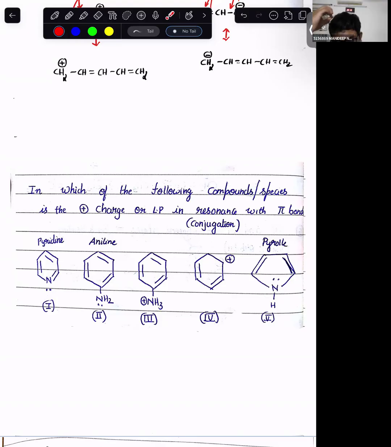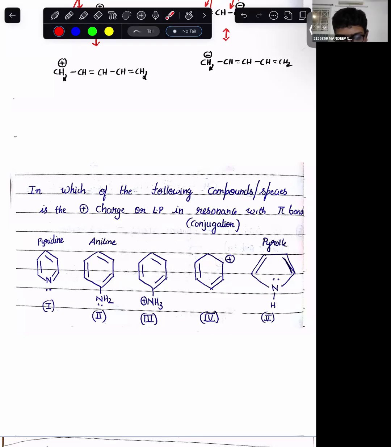If it is that simple, I won't be asking the question. All the structures may show conjugation, but I am interested in whether you can distribute the positive charge or the lone pair in all the structures in resonance.